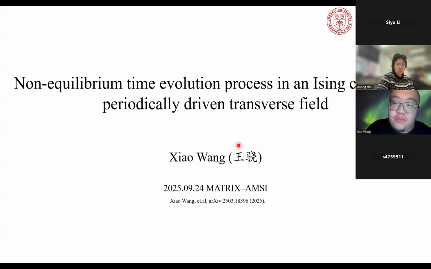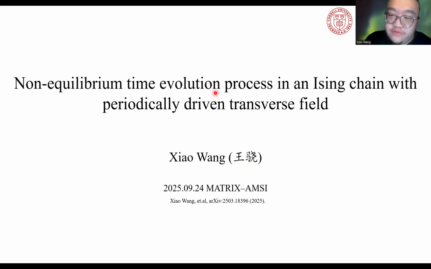But nevertheless, I will talk about the non-equilibrium time evolution process in the Ising chain with periodically driven transverse field, mainly about its adiabatic time evolution process, where I will introduce you to a quantity named the quantum geometric potential and tell you how to use it to characterize the adiabatic time evolution and the many-body non-tunnel process for quantum many-body systems.